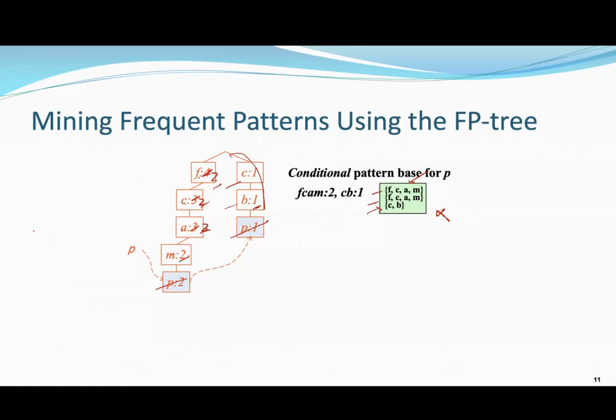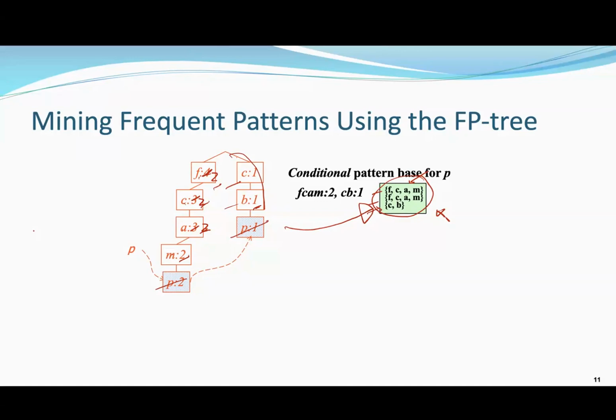All right? So from this tree, we can derive this data set. So essentially, that is the data set that we can derive from the original bigger data set if we only consider P as a conditional pattern.